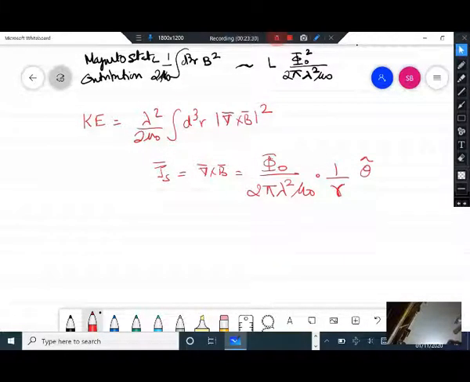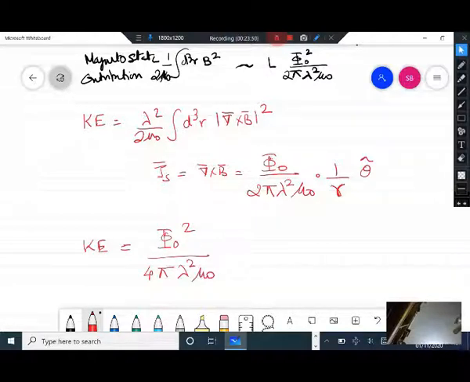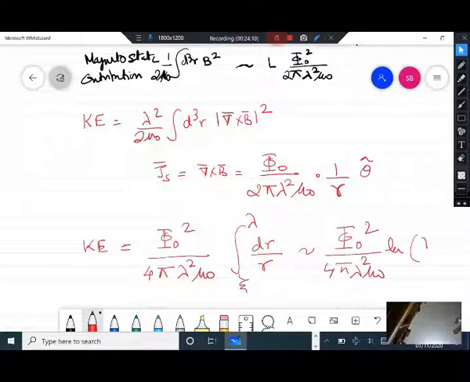So the kinetic energy term contribution would basically go as phi naught square by 4 pi lambda square mu naught, integral of dr by r, where r goes from xi to lambda, and this would give you a contribution to the kinetic energy with log of lambda by xi.